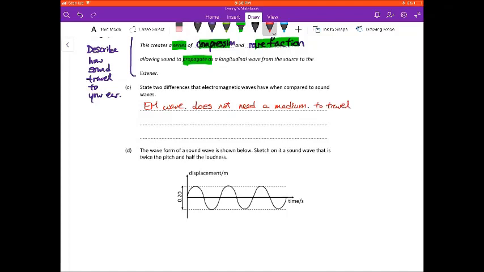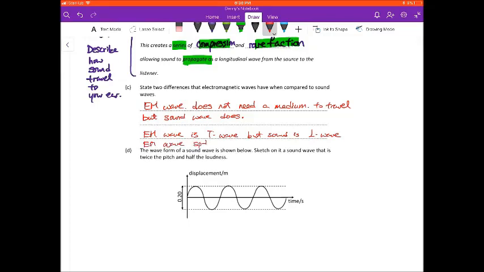Don't stop here. Remember, it is a comparison, but your sound wave does. Okay, another key thing, the difference is your EM wave is actually a transverse wave, but your sound is a longitudinal wave.